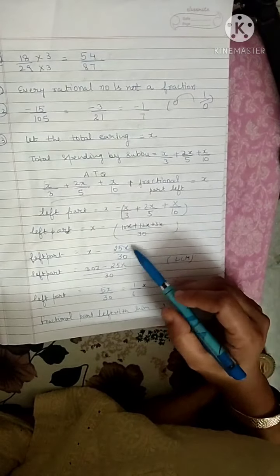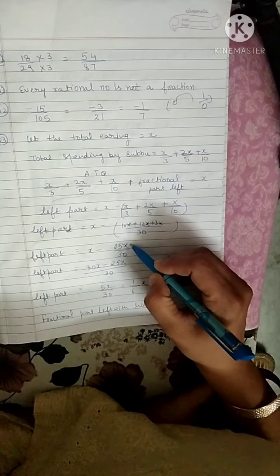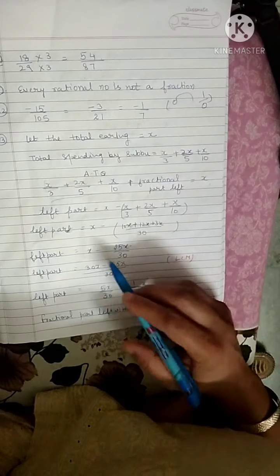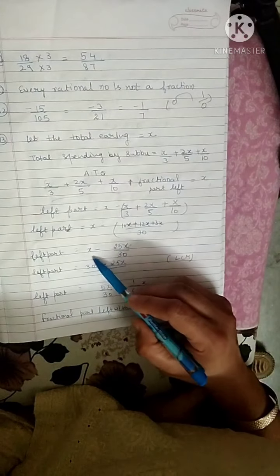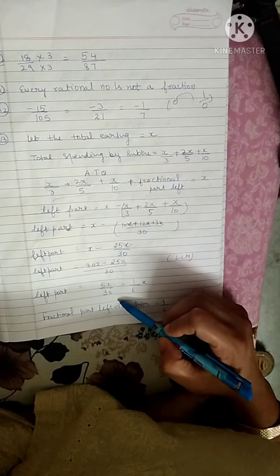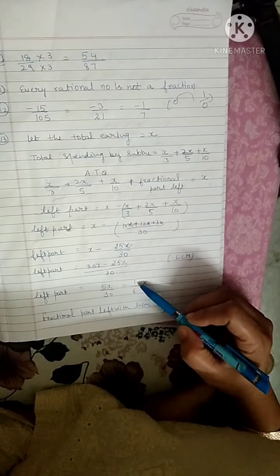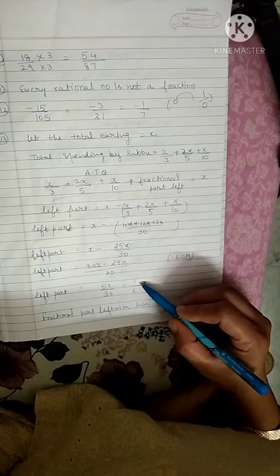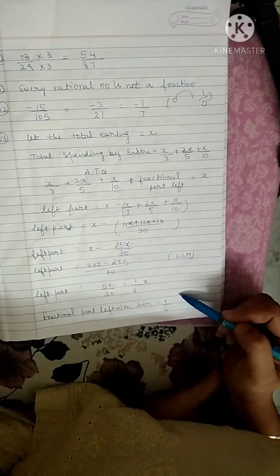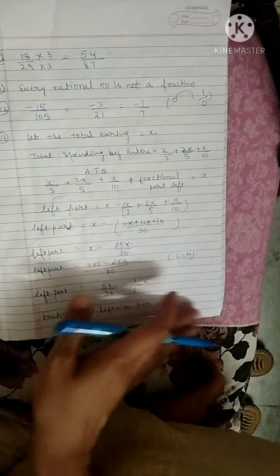After taking LCM, it's coming 25x upon 30. Again take LCM. So here comes 30x upon 30. 30x minus 25x, 5x upon 30. So change into the lowest one. x upon 6. So the fractional part left with him is 1/6.